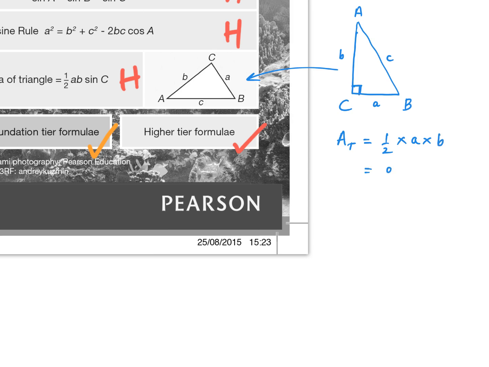And you could write that as AB over 2, and that would be in units squared.